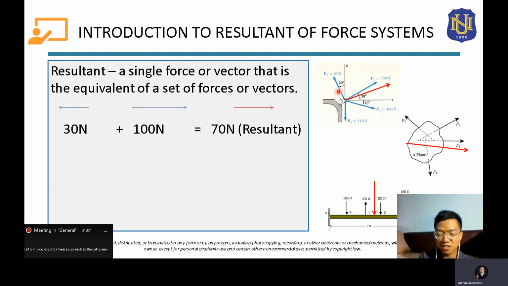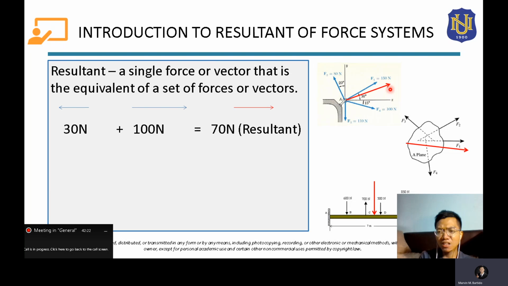So for this concurrent force system, it has four forces, right? These four forces, the ones in the blue ink, are actually the component forces which make up the resultant. So these four forces can be represented by this single force called resultant, which is in the red ink.